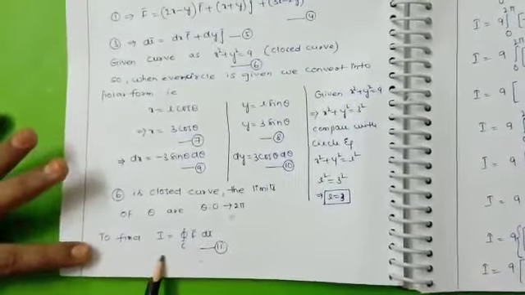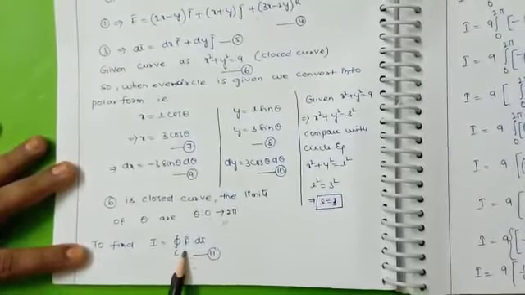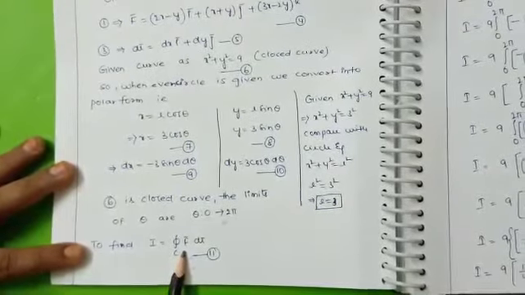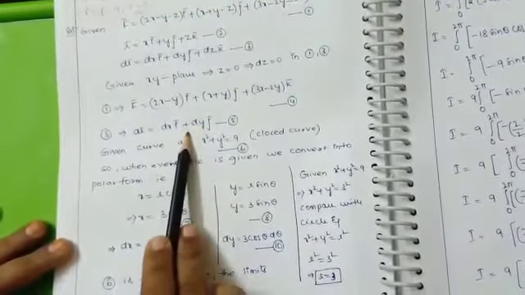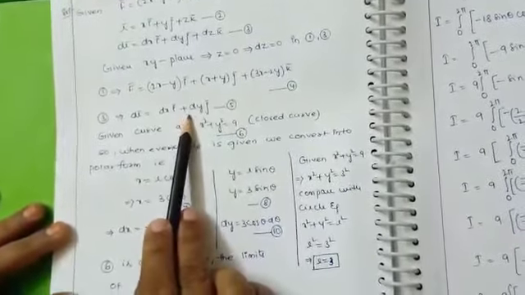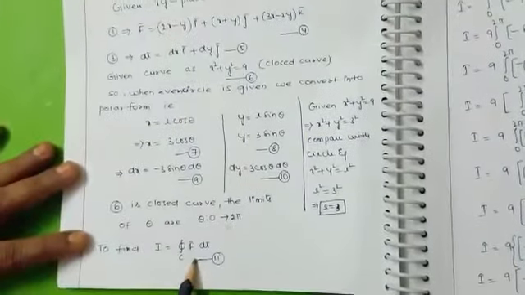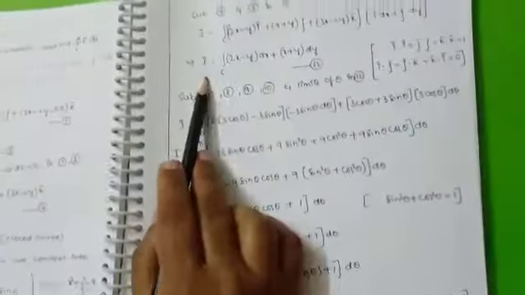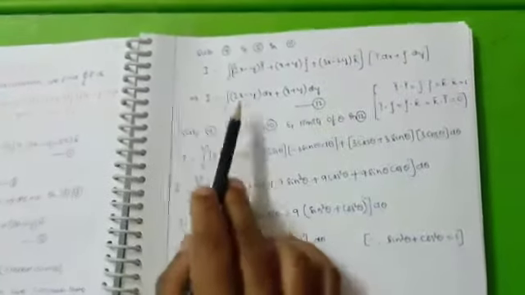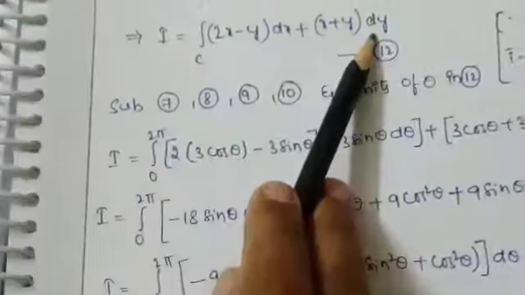So the theta limits will be 0 to 2 pi for this question. Now to evaluate this line integral, we have taken f bar dot dr bar. F bar we have calculated by substituting z is equal to 0 in equation 4. And dz is equal to 0 also we have substituted in equation 5. 4 and 5 you are going to substitute in the line integral here. On simplifying by using dot product, we get I is equal to line integral of (2x minus y) dx plus (x plus y) dy.